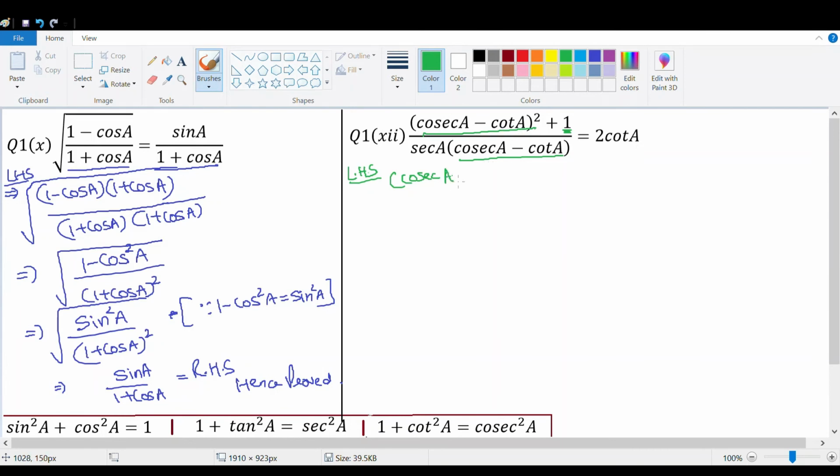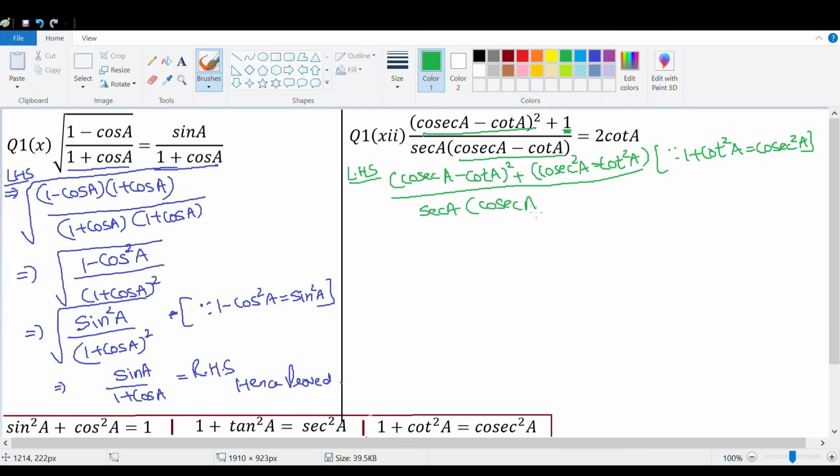So this becomes cosec A minus cot A whole square plus, instead of 1, I'll write cosec square A minus cot square A. And the reason is since 1 plus cot square A is equal to cosec square A. That's the reason. Next, and in the denominator, I still have sec A times cosec A minus cot A. Done.